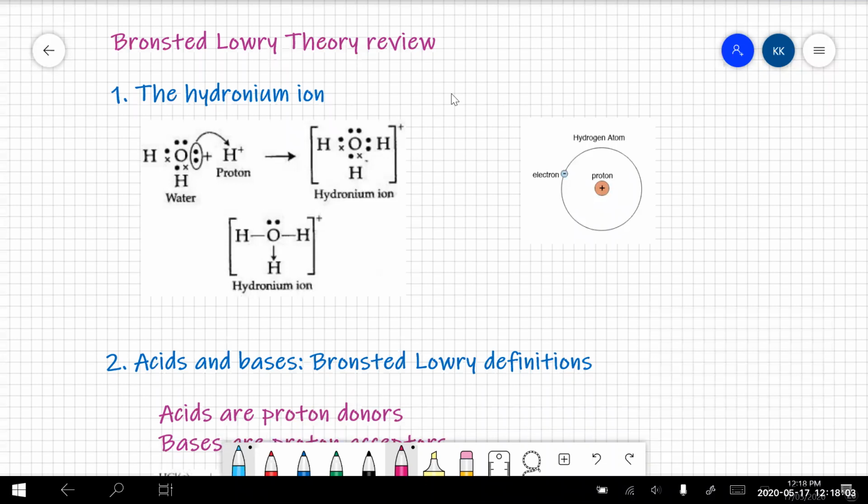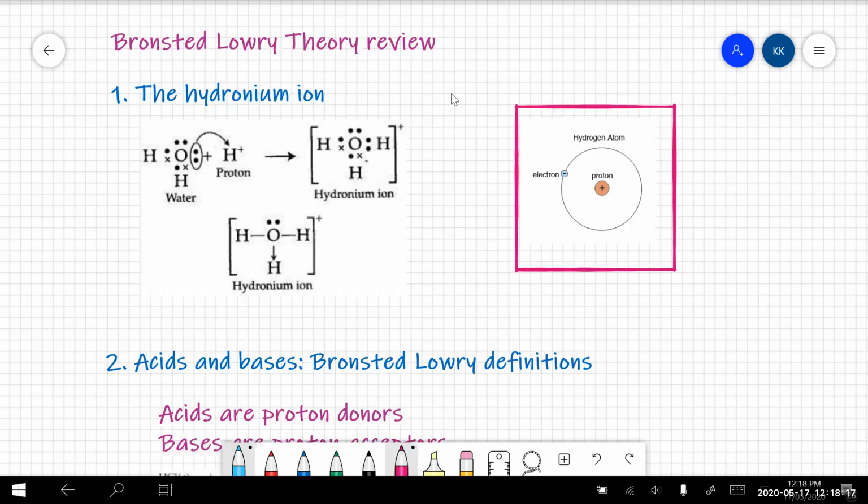We talk a lot about protons when we're talking acids and bases, and what we mean by proton is hydrogen ion. Over here we have a hydrogen atom, which is just a proton with a single electron.